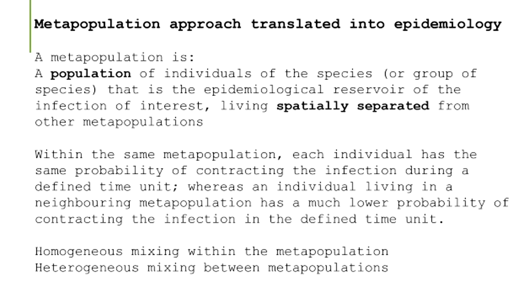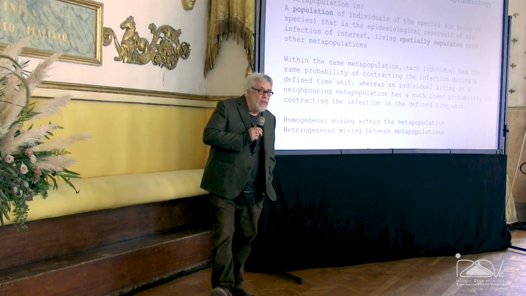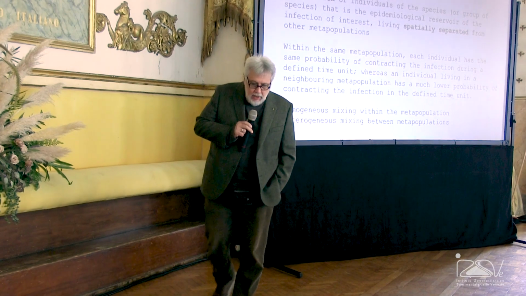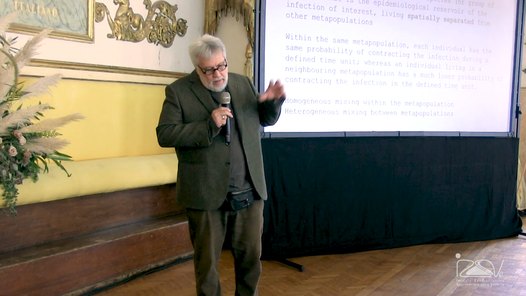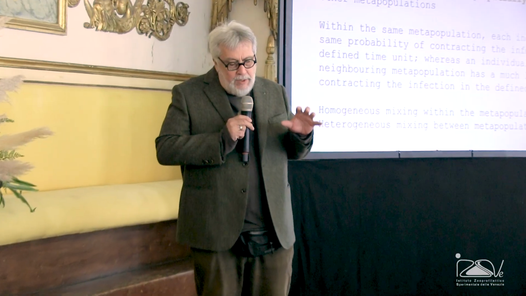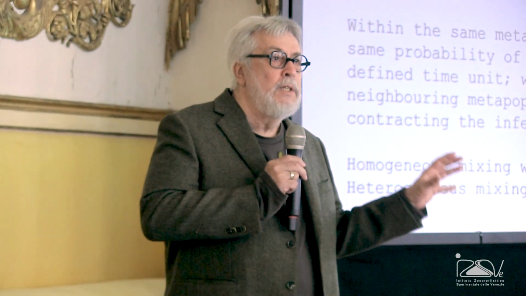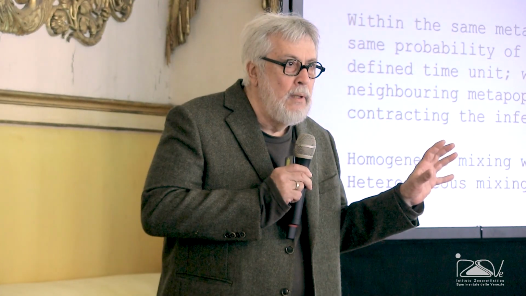So what can be done in the first scenario, when we know something? We could apply the metapopulation approach. The metapopulation was invented by Hanski some years ago. He's a Nordic scientist, a geneticist, that said simply that there are some metapopulations that are genetically distinguishable from others, despite they are the same species.